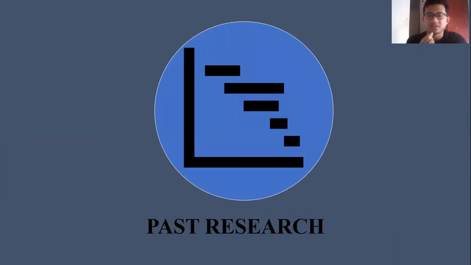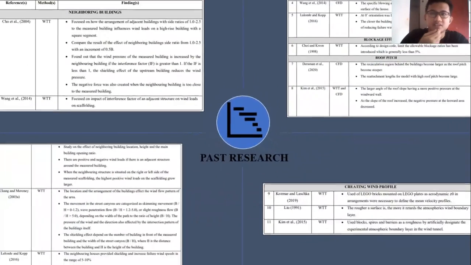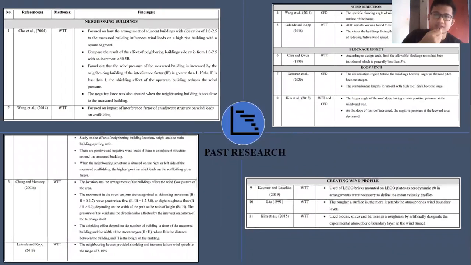Okay, next is the past research. This is the past research that has been done previously. Chow et al., Wang et al., Chamerone, and Lalonde and Cook focus on the neighboring building.